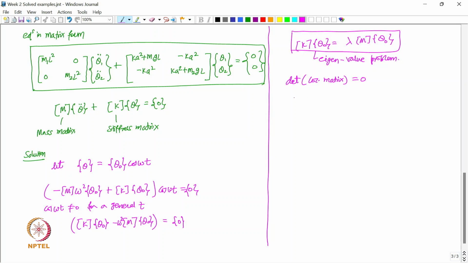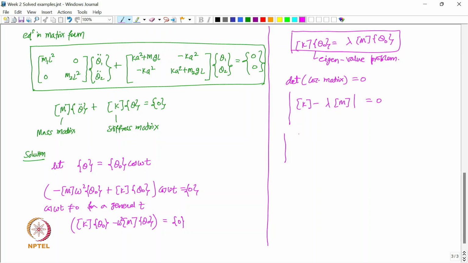For that to happen, we need to take the determinant of this matrix, which is k minus lambda m, and this must be equal to 0. What would this matrix be?